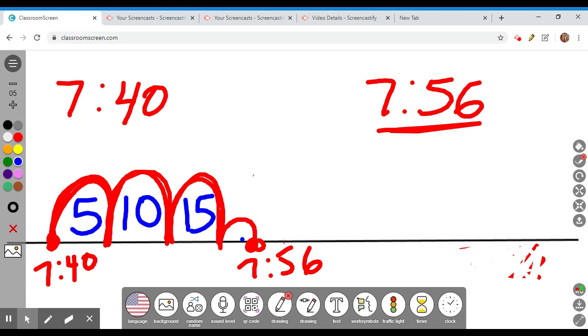We wouldn't go 5, 10, 15, 20 because that rock is only worth 1 minute. So that would be a total of 16 minutes. So this event would have lasted 16 minutes.